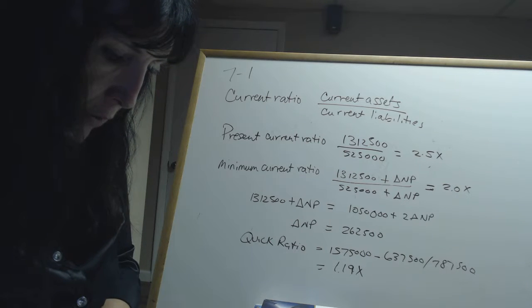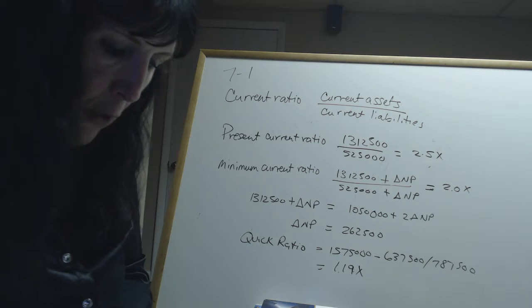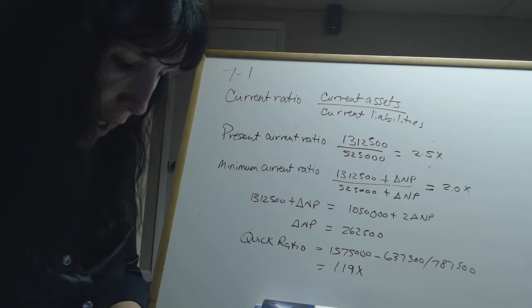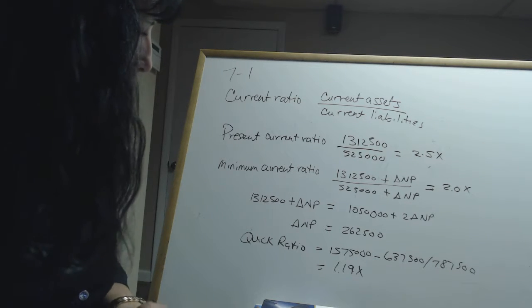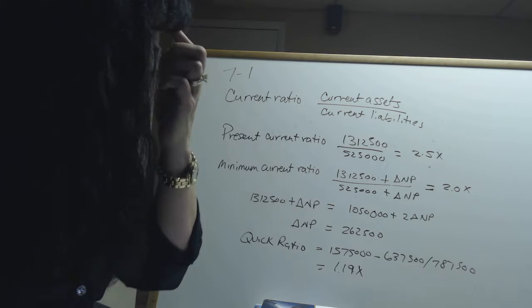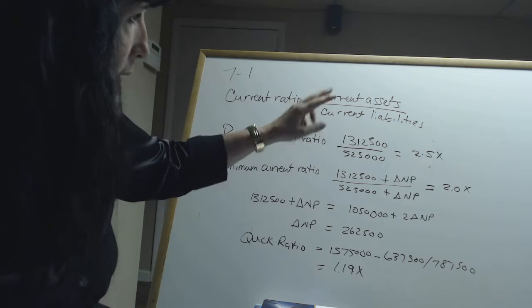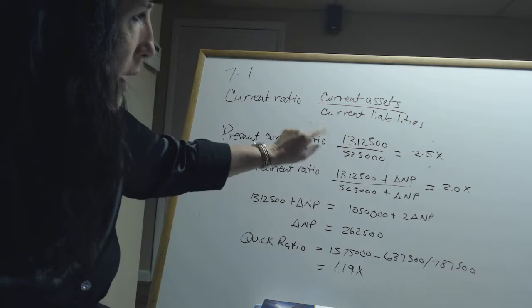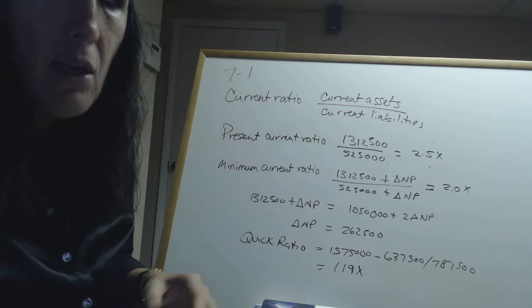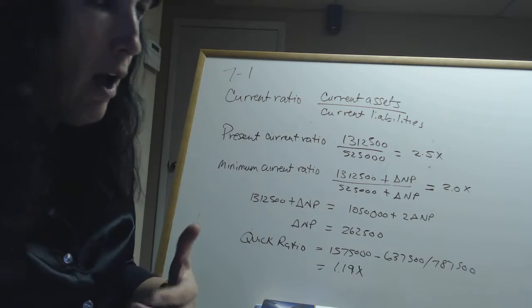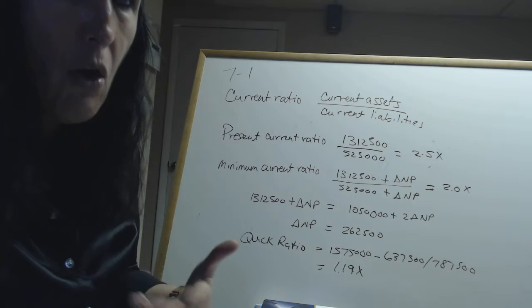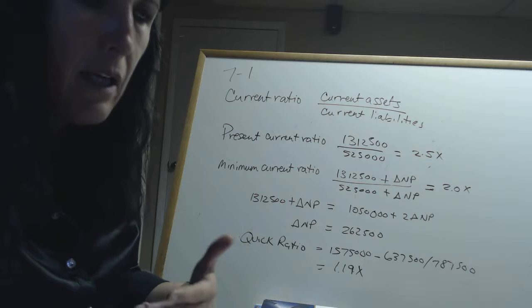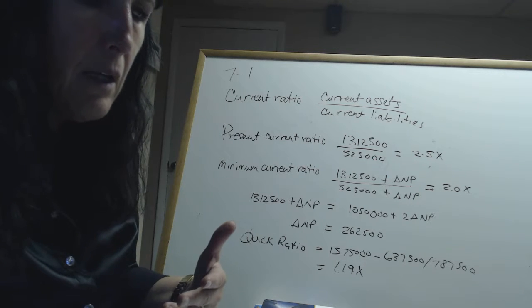And then the last part of the question was, what will be the firm's quick ratio after they've made that change and gone to the maximum amount of short-term debt? And the quick ratio formula is current assets minus inventory divided by current liabilities. So you take the most liquid of your current assets because inventory would take longer to collect or turn into cash.